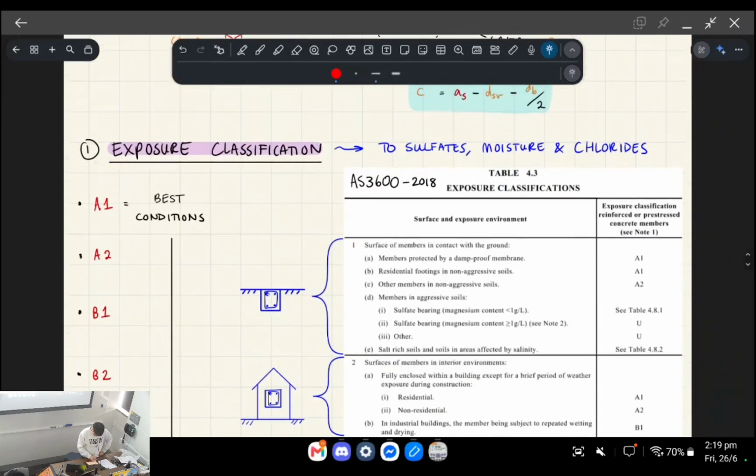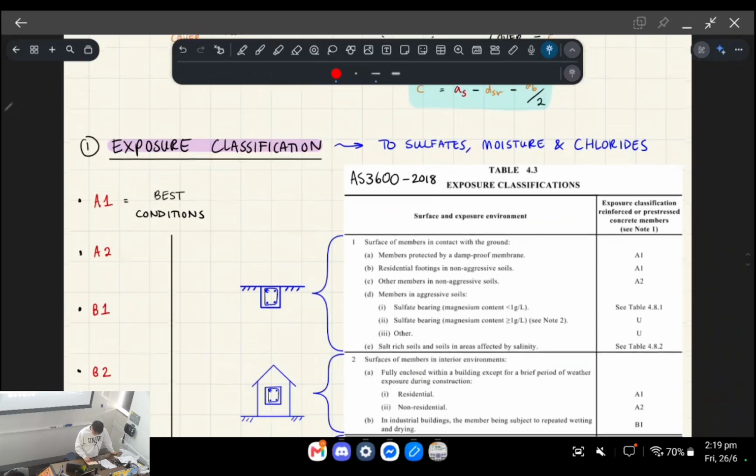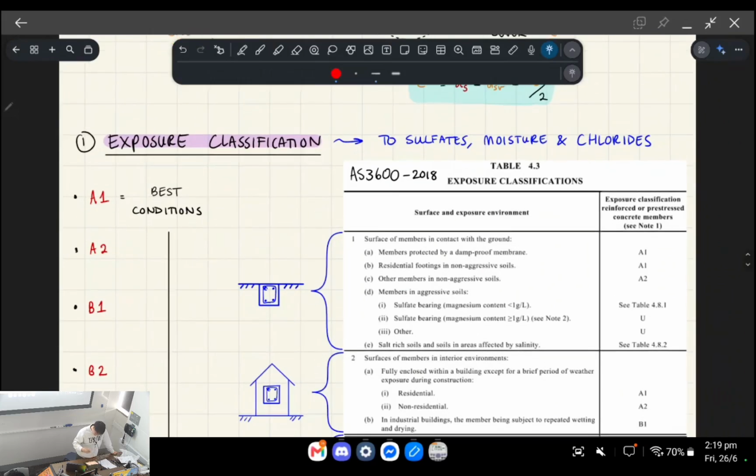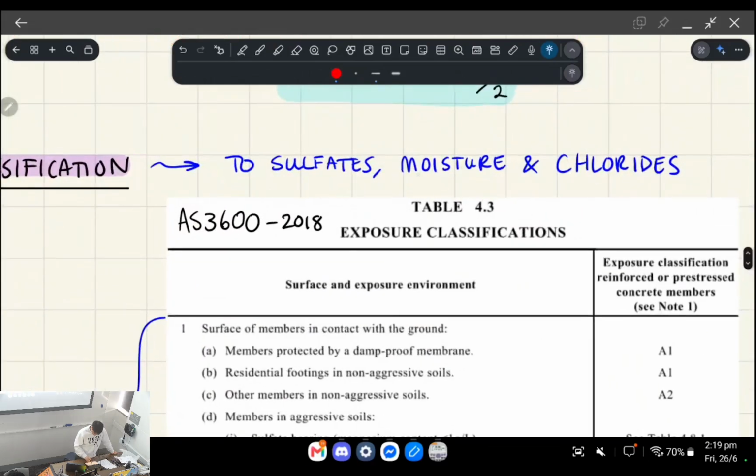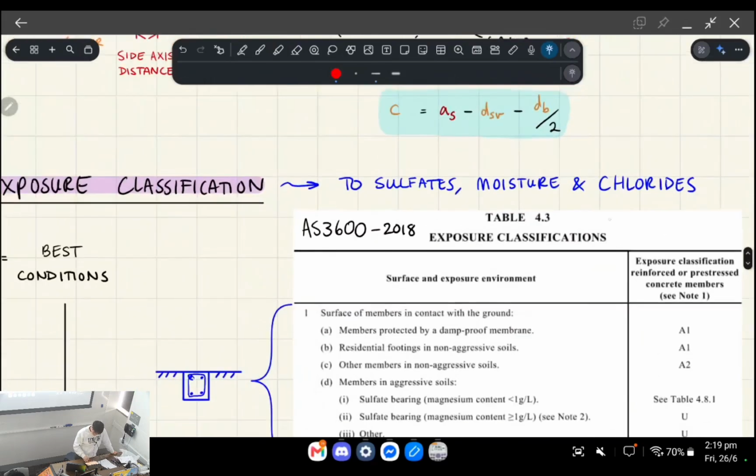First thing to talk about is exposure classification. Exposure is a combination of a few things: the amount of exposure it might have to sulfates, which come from soil or particular types of soil, moisture, so how wet the surroundings are, and chlorides, like salt water and things like that.